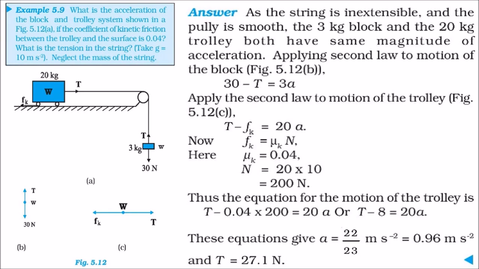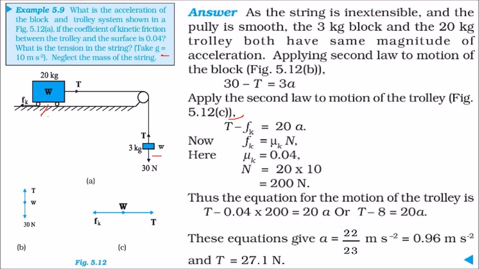What is the acceleration of the block and trolley system shown in this figure, if the coefficient of kinetic friction Fk between the trolley and the surface is 0.04, and what is the tension in the string? We have to take g equal to 10 meter per second square. So this is the whole scenario. You have a trolley system. This is a block, and this is a trolley.